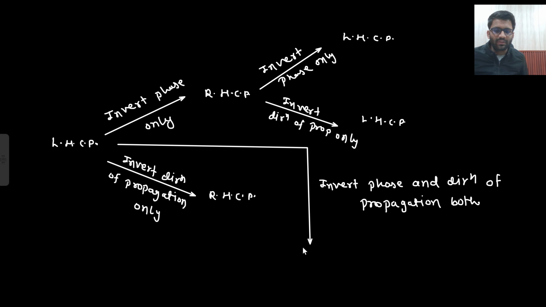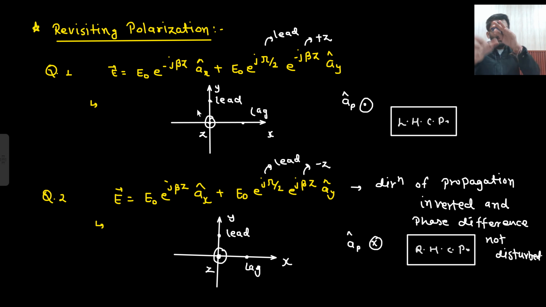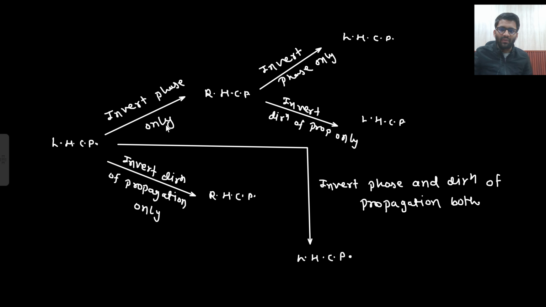If I have inverted both, that means from LHCP I will land at LHCP only. Because if both are inverted, one inversion and then another inversion, you are landing at the same place. Or you can see from here, invert phase only and invert the direction of propagation only, you are landing at LHCP only. The same thing is happening here. These are the conclusions that you need to keep in mind.